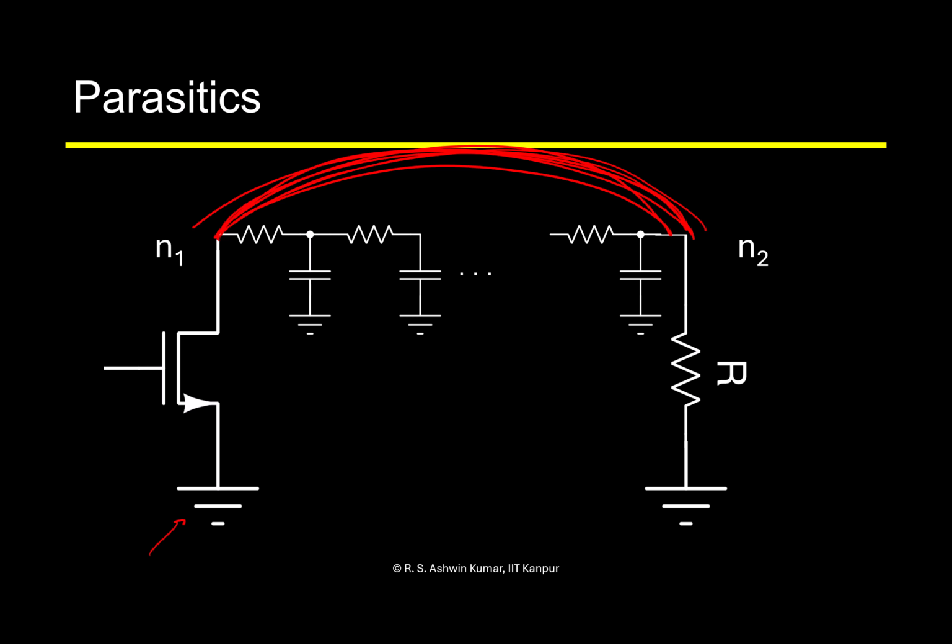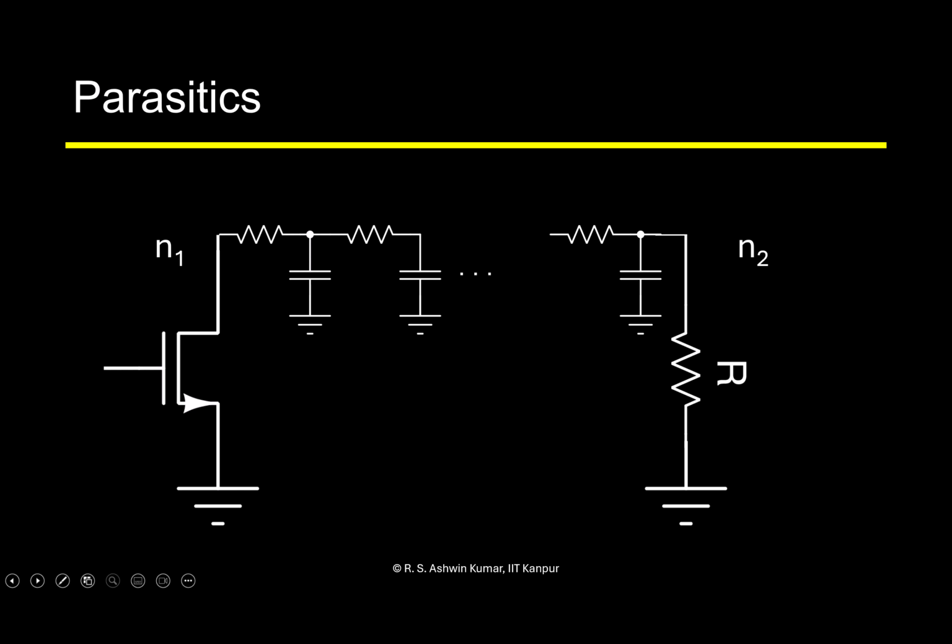Okay, ground is there, and this one node. But let us say now, if I include the distributed RC, how many nodes are there? There will be so many nodes, right? So earlier, let us say your circuit had some 10 nodes. After extracting all the parasitics and including this distributed RC, the number of nodes will actually explode like anything, right?